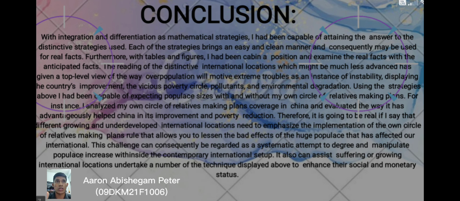So in these ways, we can take China as an example and implement it in Malaysia as well to reduce the amount of poverty that is in Malaysia, as we can see.